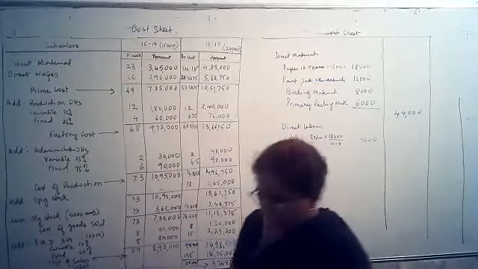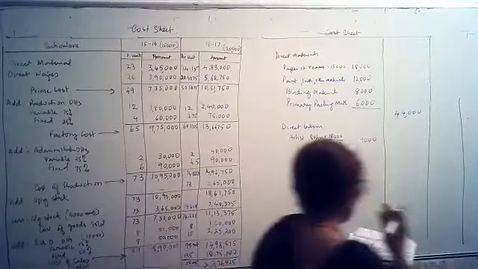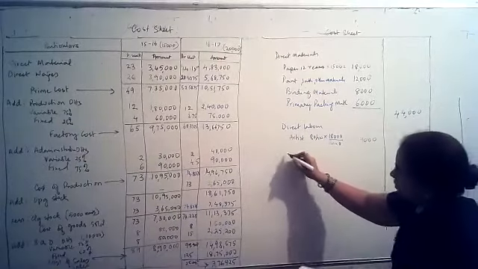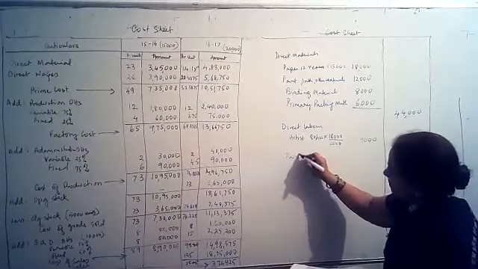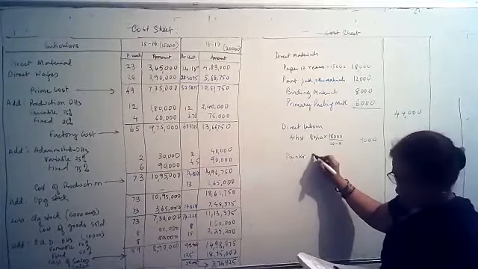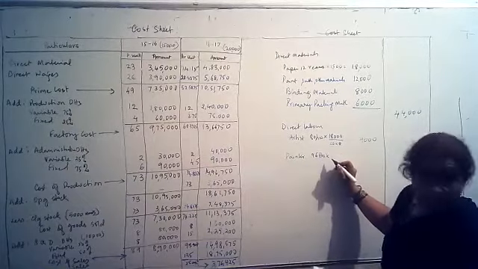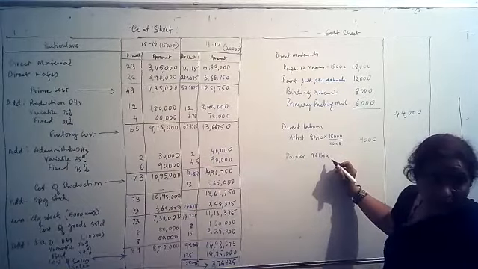Look at the next one. Next one is the painter. How much is the painter paid? The painter is paid for 96 hours. So write down painter, 96 hours. How much is the amount he is paid?